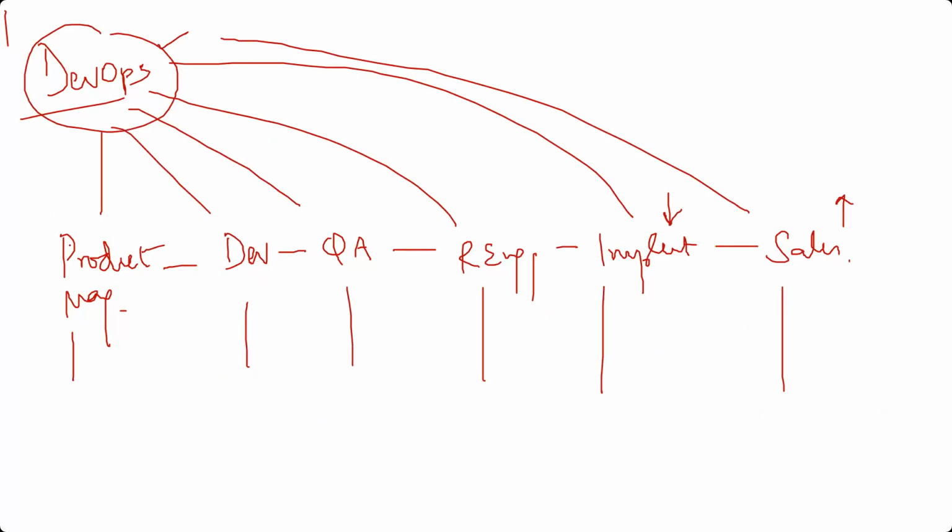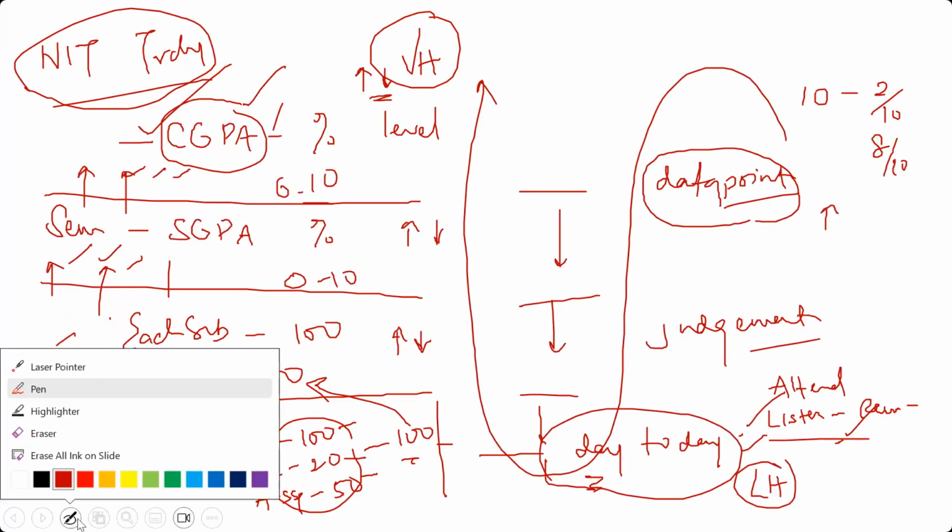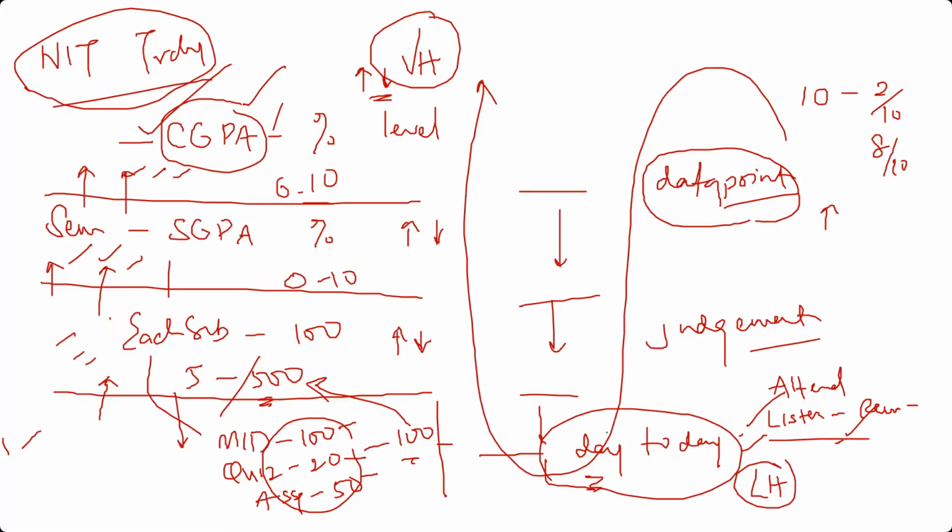So if you go back to your example, imagine you're not doing good in day-to-day activities, and you did not do well in quiz and assignment, but you did a good job in mid-terms, and it gave you 70% above.